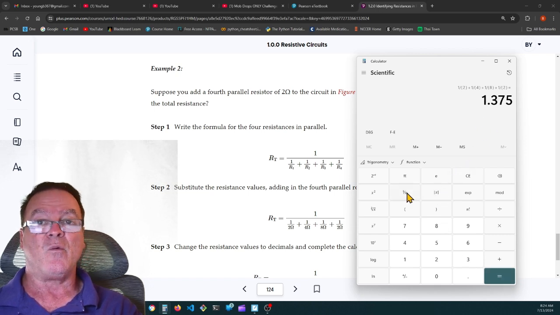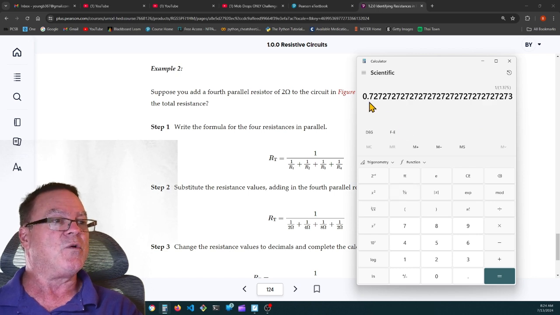We have to reciprocate one last time. So it took the total from 1.14 and brought it down to 0.7272. We can round up to 0.73 ohms of total resistance.